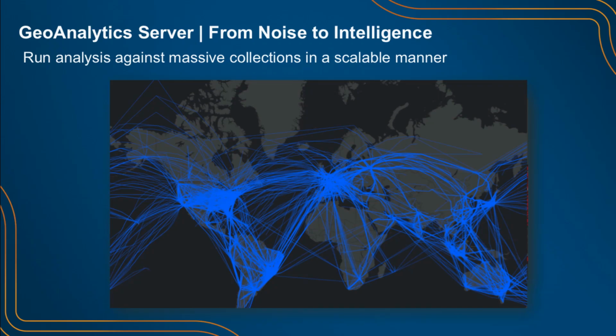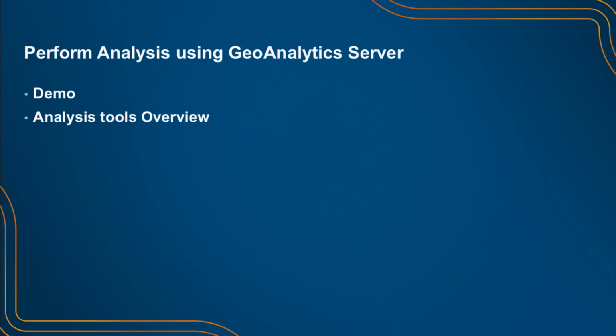Here what we see is a representation of 605,000 unique flights that are tracked from 100 million points. So you can use the results from GeoAnalytics and either visualize them to find interesting patterns or use them for further analysis. With that, I hand over to Sarah to discuss more about the analytic tools.